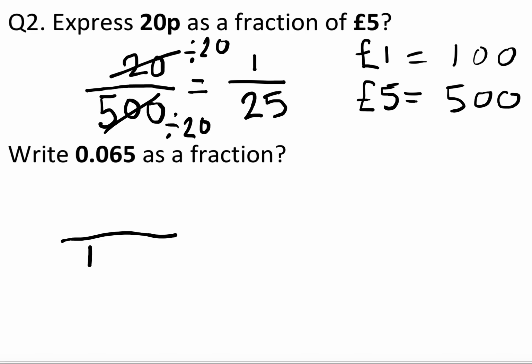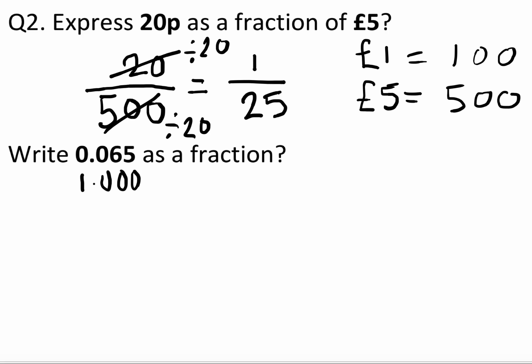So if we put the 1 there under the 65 like that, you could see that we need 1 with 4 noughts. Let me just rub that out and create a bit more space so we can see it a little bit clearer.